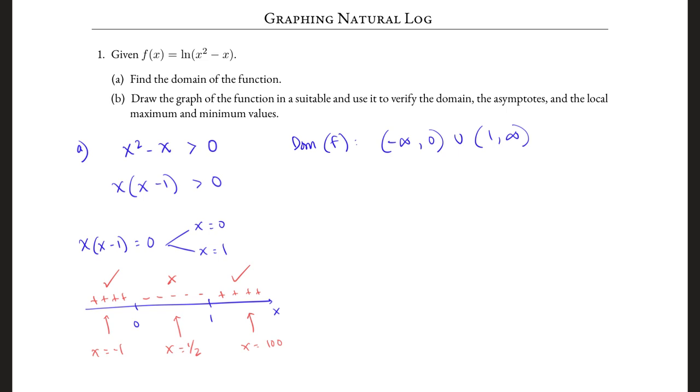Next, we graph the function f of x equals ln of x squared minus x. We see that because x equals 0 and x equals 1 are the breakpoints in this case, if we were to plug in a number that is almost 0 into this expression, then we'll get a very large negative number.